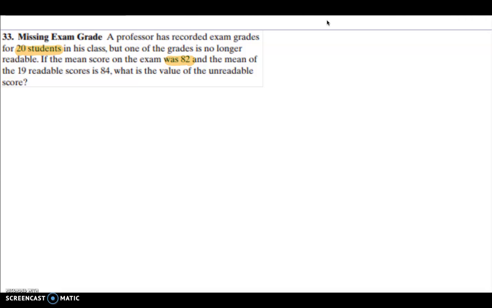So what he knows is that if he takes the first test score plus the second test score plus the third, on up to, I'll call it R for the unreadable score, and adds all of those up and divides by 20, that is going to be the mean of 82. That's just the formula to find your mean.